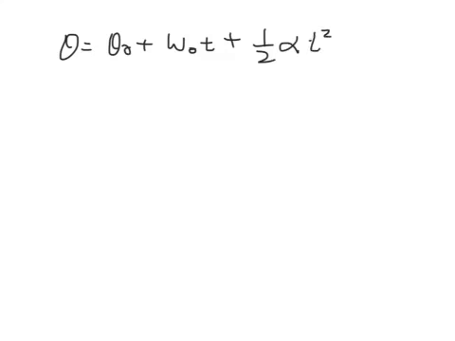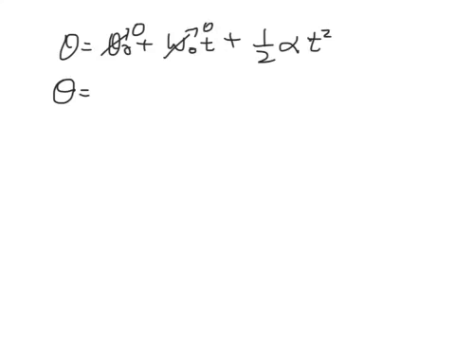We could have also solved that problem, part B of the last problem, with the equation theta equals theta naught plus omega naught t plus 1/2 alpha t squared. In that problem, they're asking us how many turns it made, and we know we can choose the initial angular position is 0, and we know it started from rest, and so this term is 0 as well.